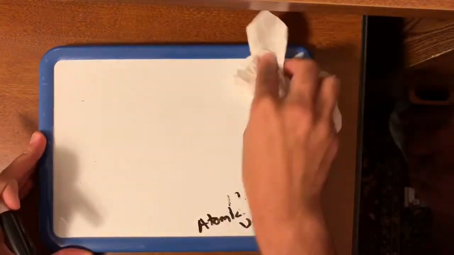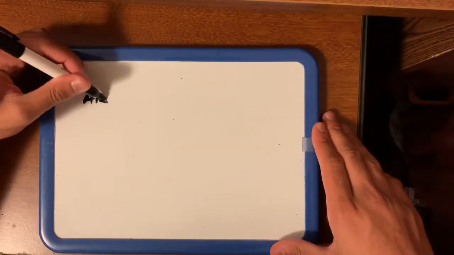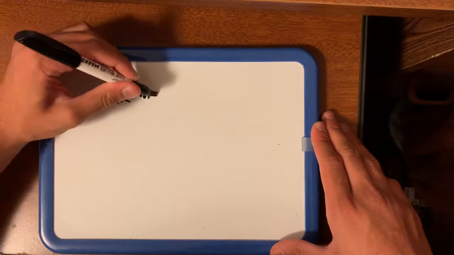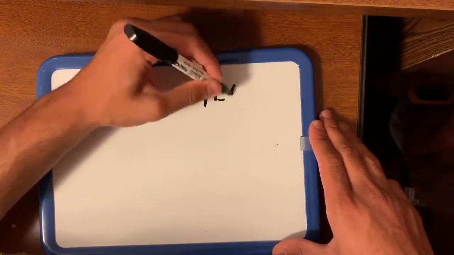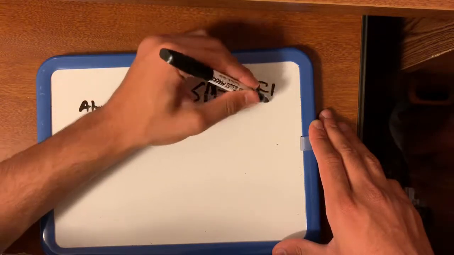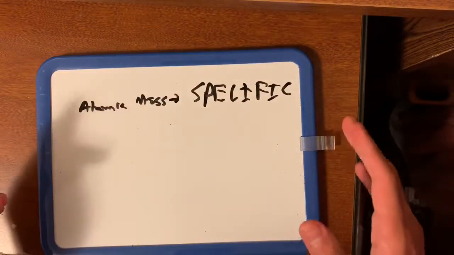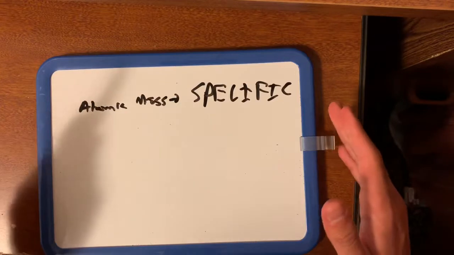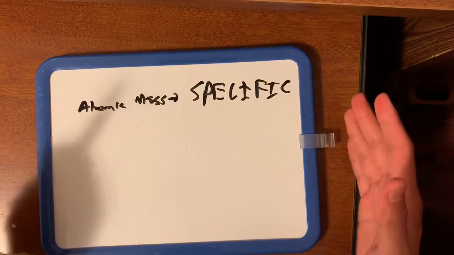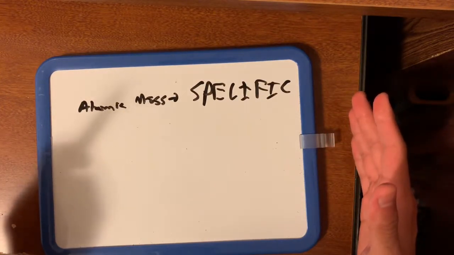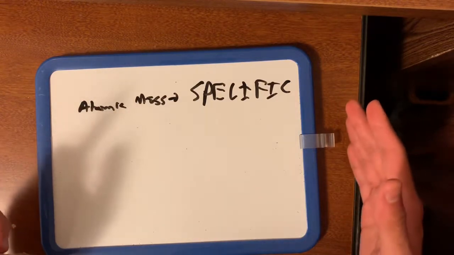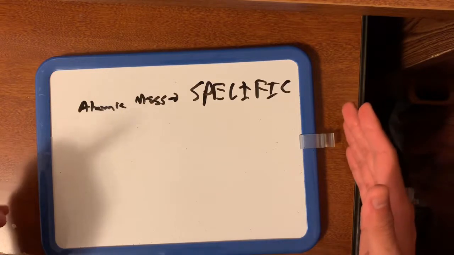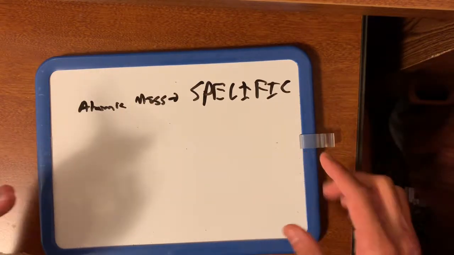So thinking about atomic weight and atomic mass, atomic mass is specific to an individual atom. So a carbon 12 atom will have an atomic mass of 12, and the carbon 13 atom will have 13 AMU.